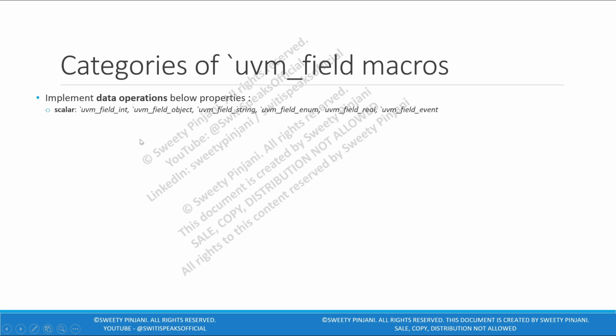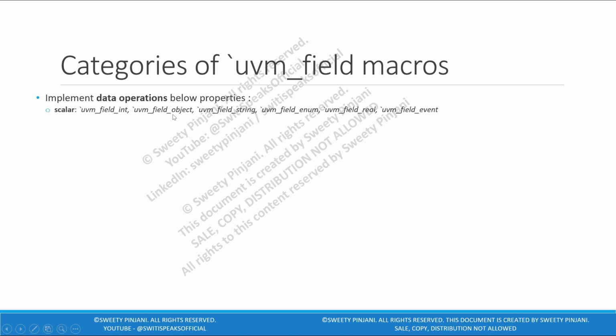Now these data operations can be for scalars. For example, scalars will be int, object, string, enum, real, event. Then what will these field macros do? For example, if you are using UVM field int, then it will implement the data properties for integral.